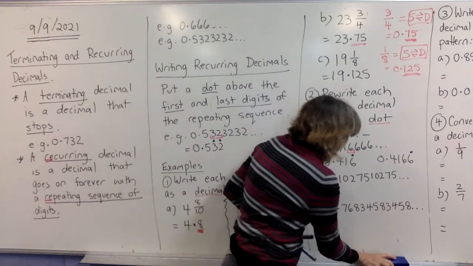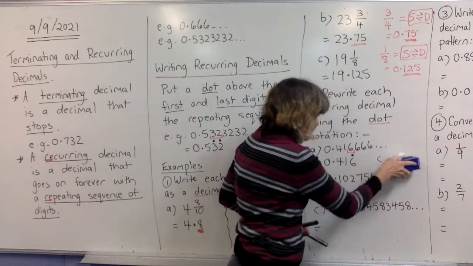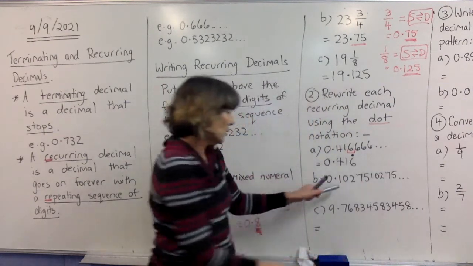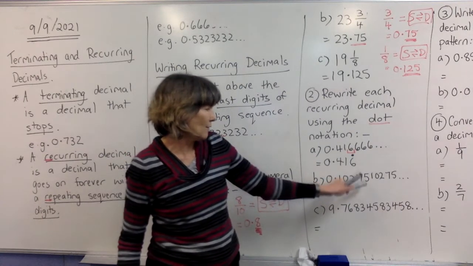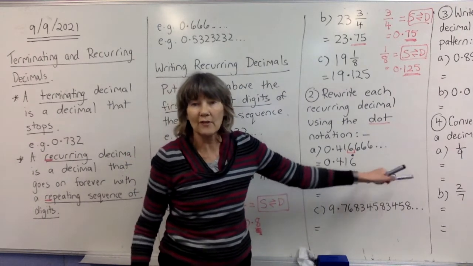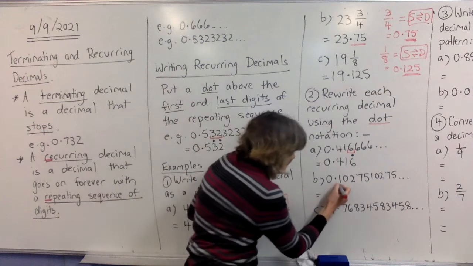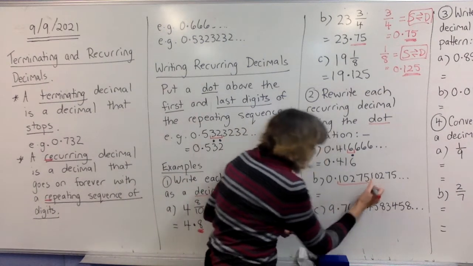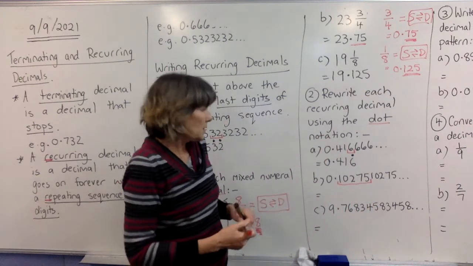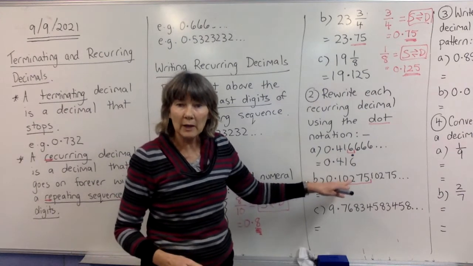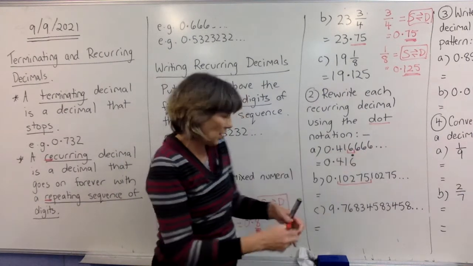Alright, so looking at the next one, we've got 0.10275, 10275. So we can see this whole section is repeating. 10275, and then we have it again, 10275.